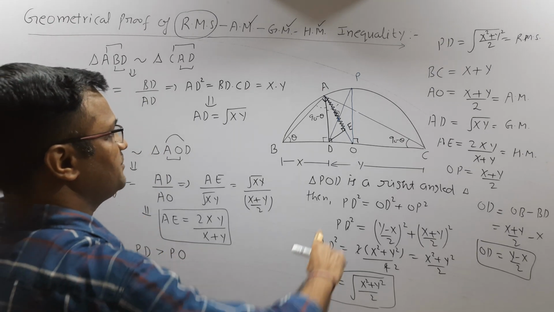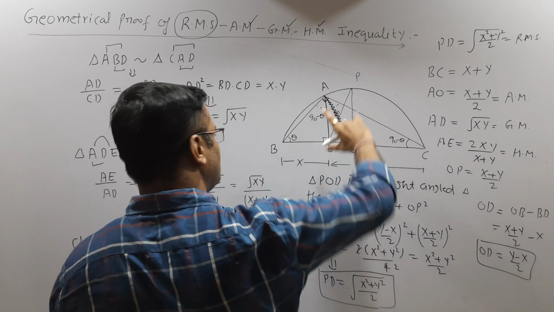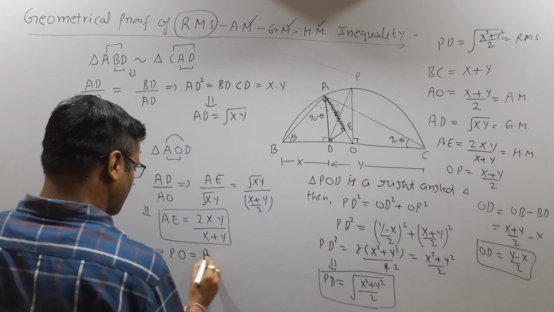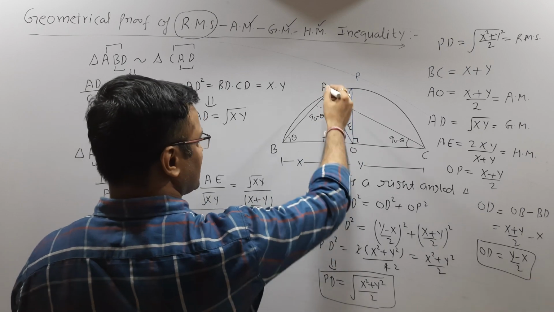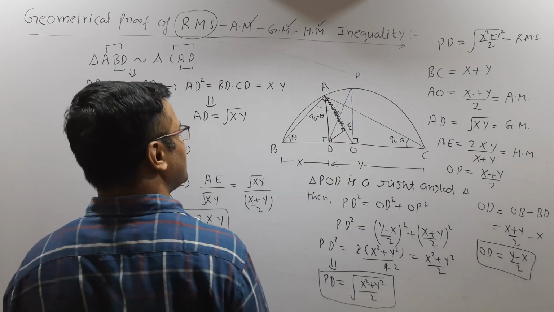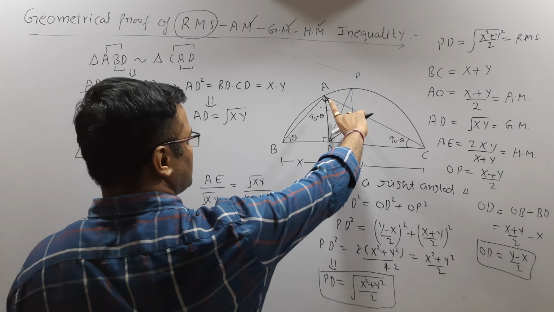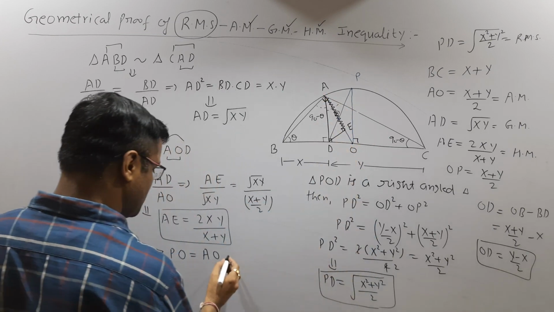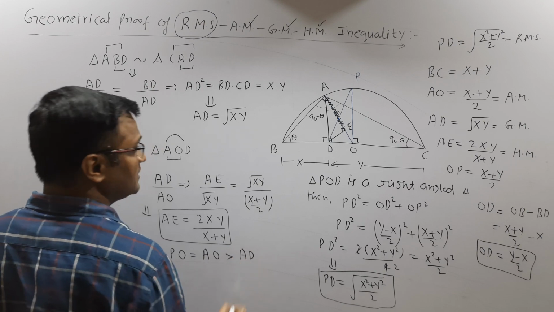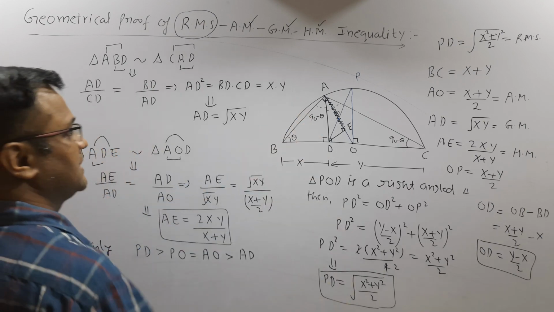Okay, and PO is same as AO. And there is one more right angle triangle, ADO. AO is actually the arithmetic mean, and it is the hypotenuse of triangle ADO, so it is strictly greater than AD, which is obviously the length of the leg.